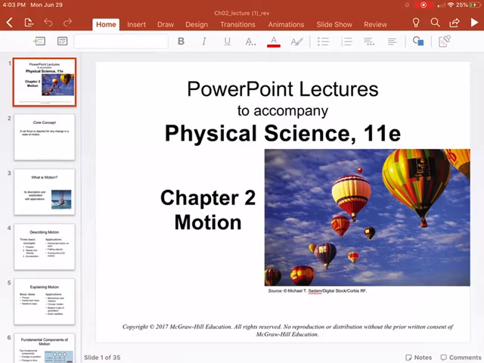Alright, so this is my favorite chapter of the entire book. This is the most physics portion, I would say. It's all about motion, and that's my favorite stuff to go over in physics. And so obviously it's not going to be as in-depth as my other physics classes, but we are going to talk about the main points of motion, and there is going to be some calculation.